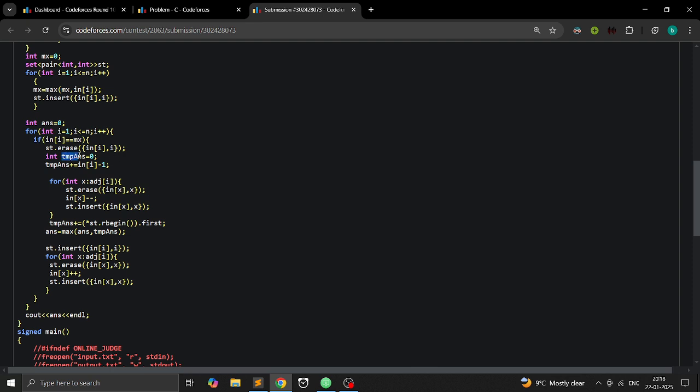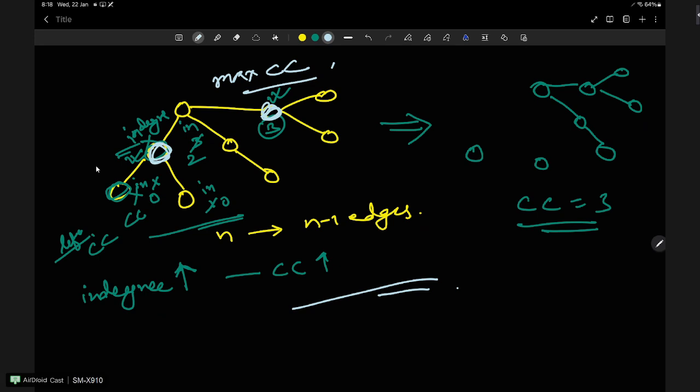I maintain one temp answer, so my answer would be in-degree minus 1, because the second time also we are deleting. So if we delete these nodes, the connected component we can see is increasing to 3.